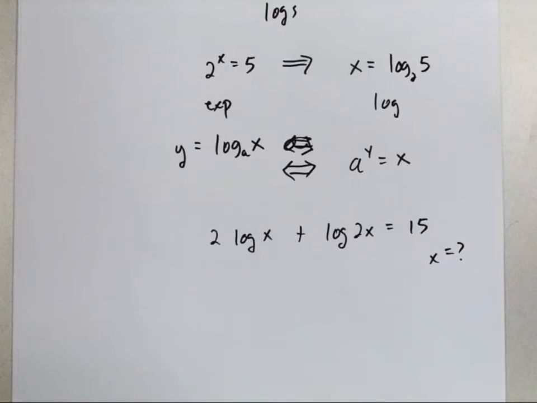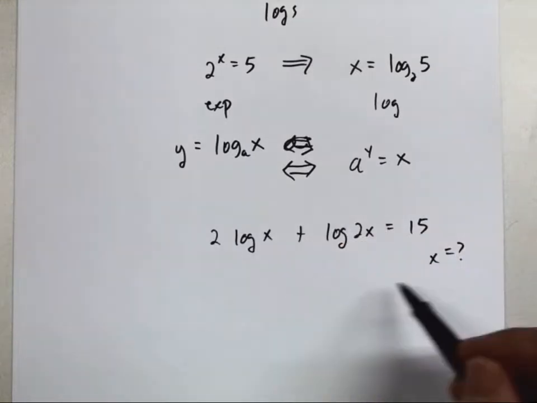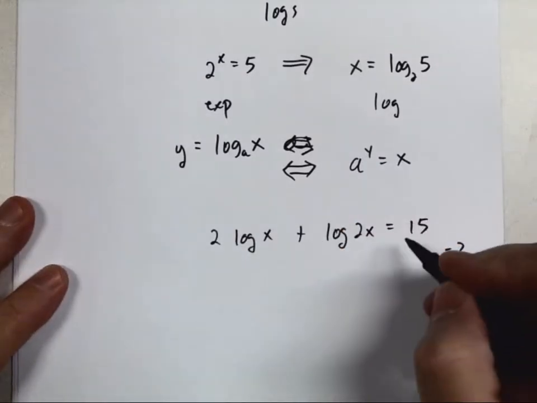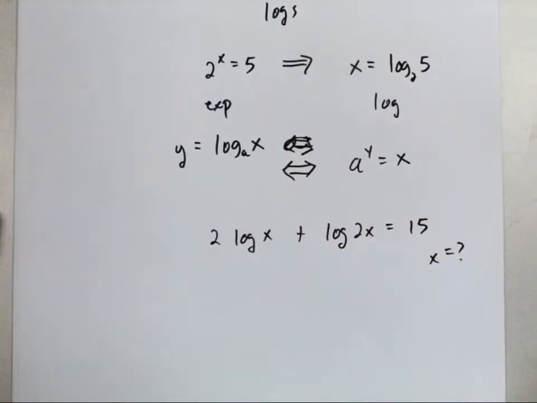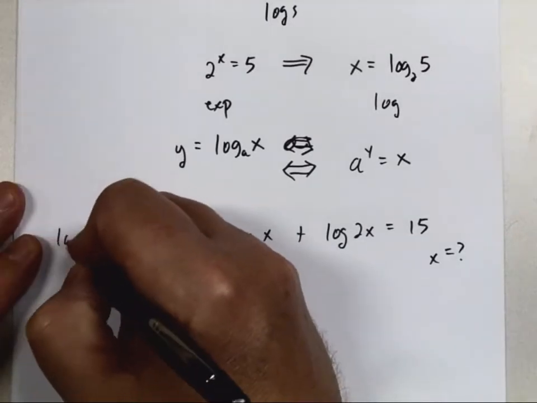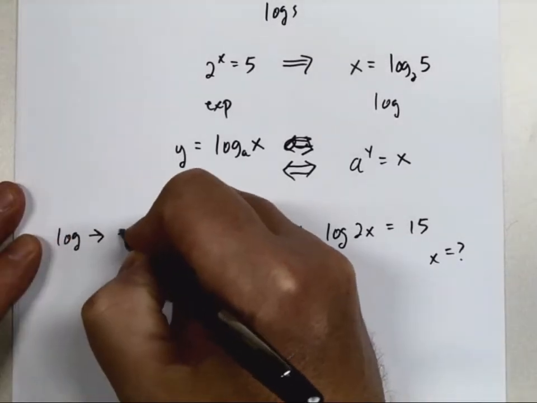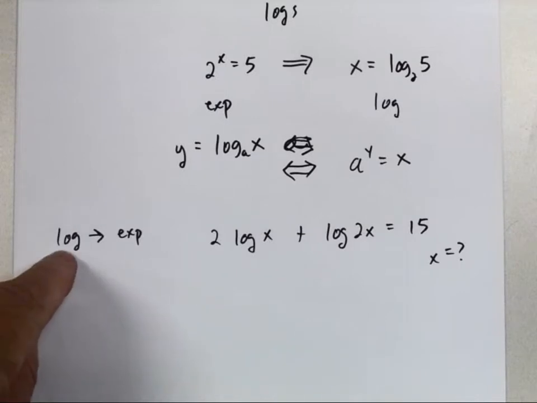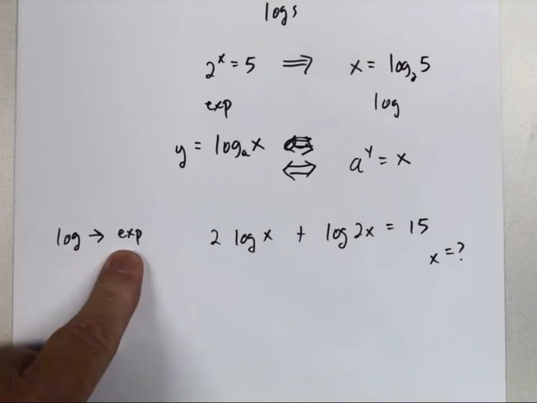You're asked to solve it. One of the things we're going to eventually do when we solve this equation, we're going to have to take our logs and convert them to an exponential equation. So oftentimes, if you're given a log equation and you want to solve it, the only way you can do it is to take that log equation and rewrite it or turn it into an exponential equation. And once you do that, you're able to solve it.